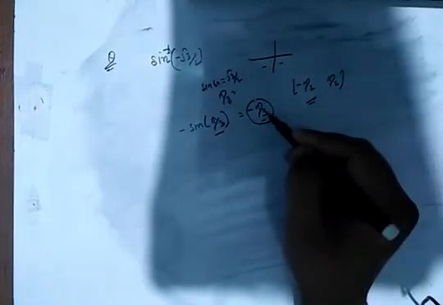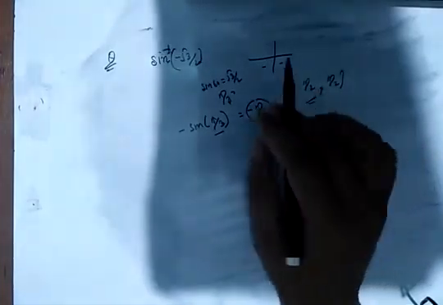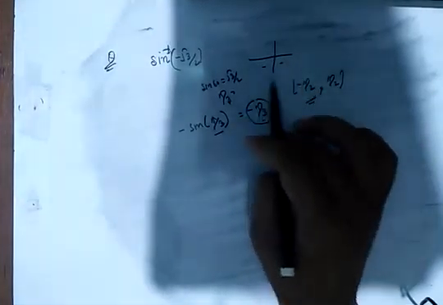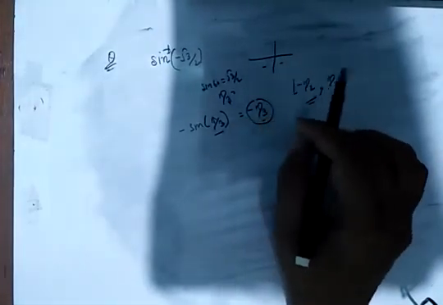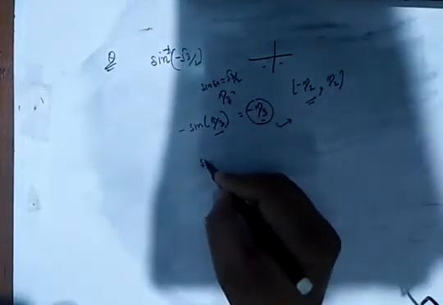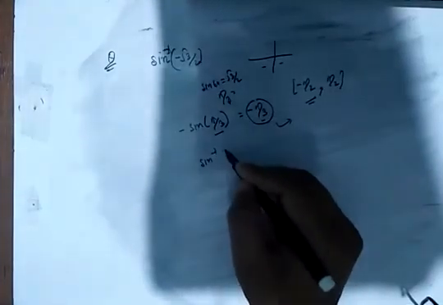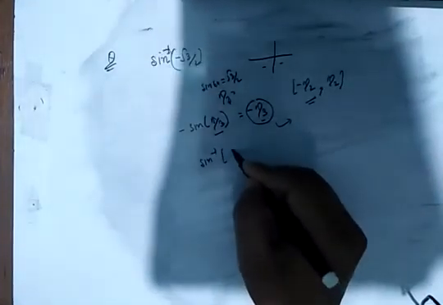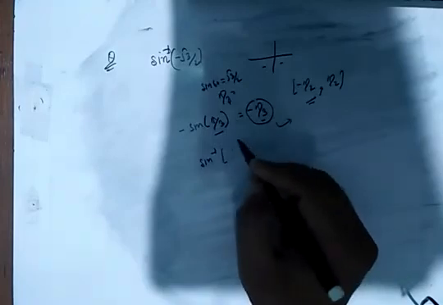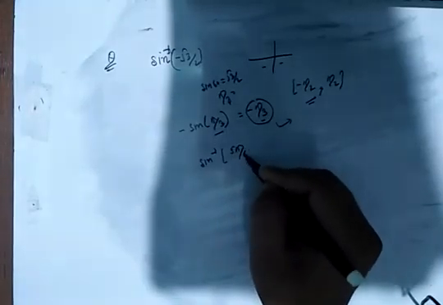If the value does not belong to this range, then we have to perform some mathematical operation so that the given value lies in this range. Suppose sine inverse of sine 5 pi by 6.